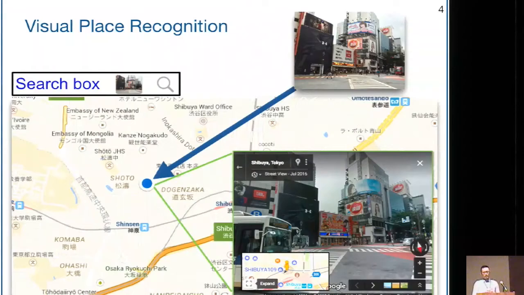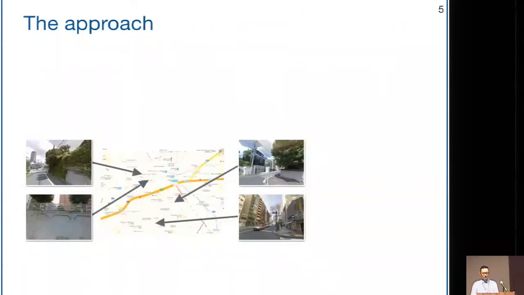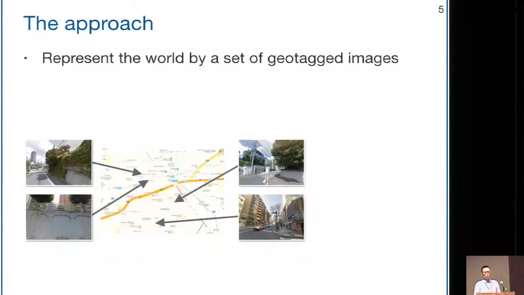To address the place recognition task, the common approach is to cast it as visual instance recognition. In a bit more detail, the standard approach is summarized like this. First, the world is represented as a set of geotagged images. Of course, this should be done offline.